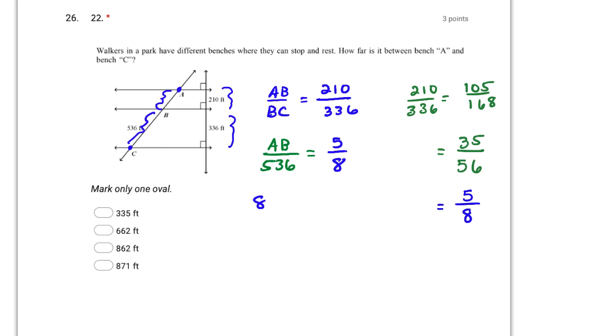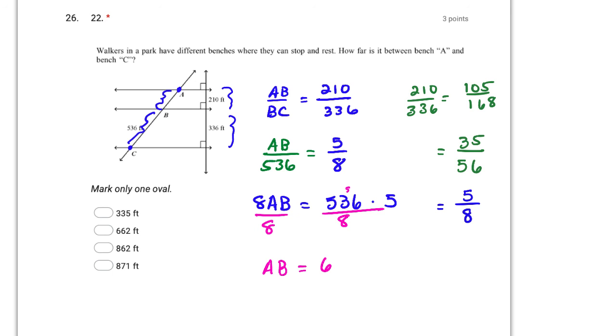So I just reduced that fraction. Now I'll cross multiply. 8 times AB equals 536 times 5. So I can multiply that out and divide by 8. I wonder if 536 is divisible by 8. 6 times 8 is 48. I think so. I'm going to divide by 8 on both sides. And 8 goes into 53 6 times.